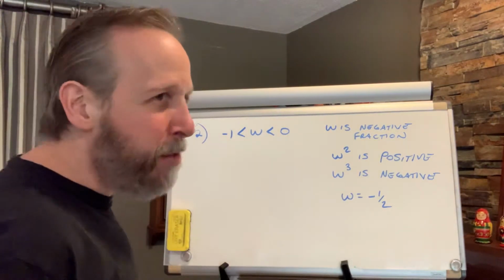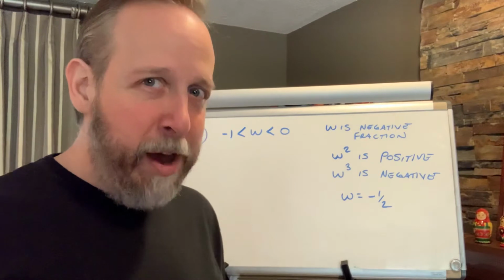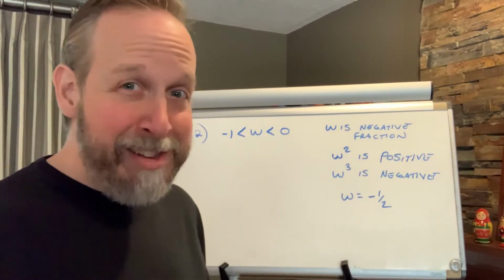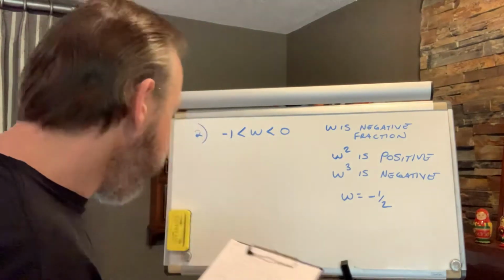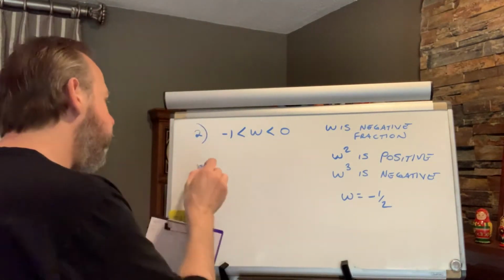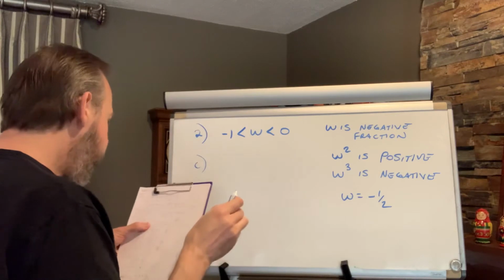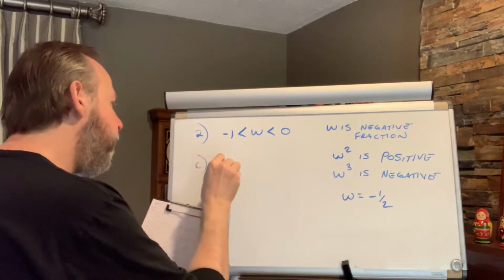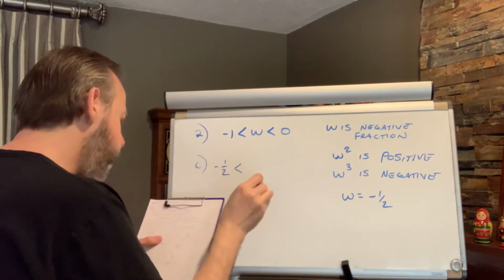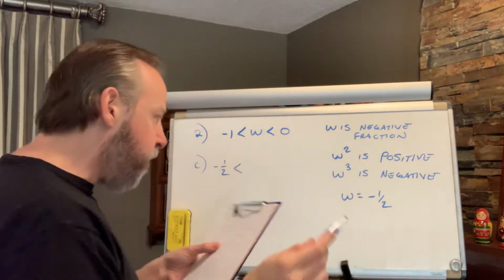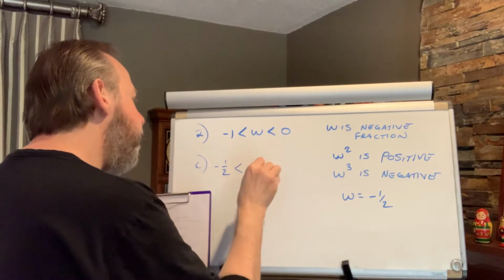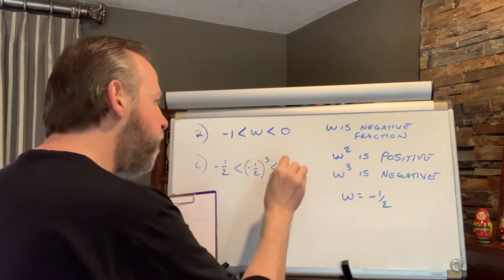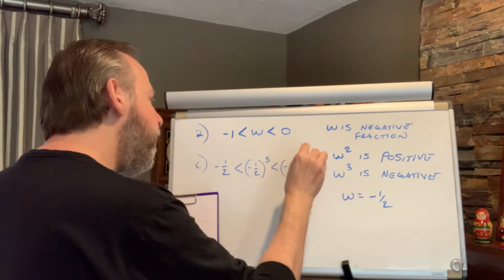I already know that A and B won't work, so I'm not even going to bother with them, because I know the third power will be negative, and it can't be bigger than the second power, which is a positive. So I'm just going to start with option C. And option C said W, well, that's -1/2, would have to be less than W to the third power, so that's -1/2 to the third, which would have to be less than W squared, which is -1/2 squared.